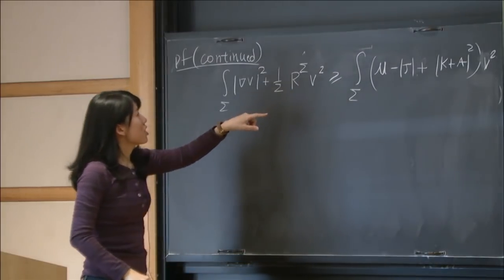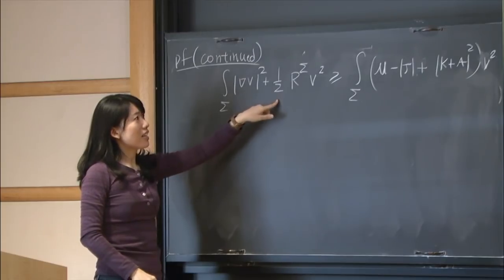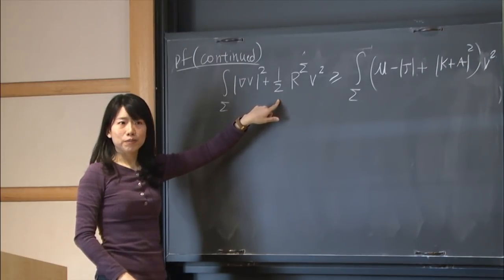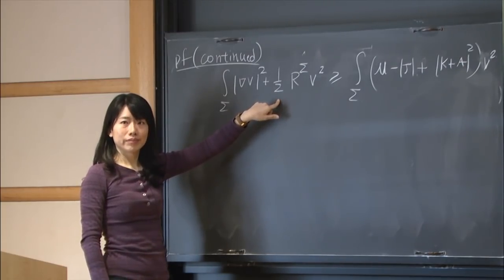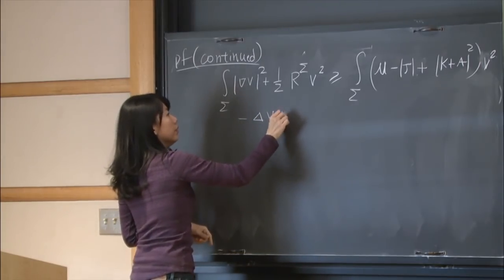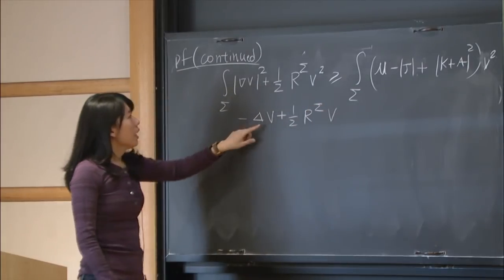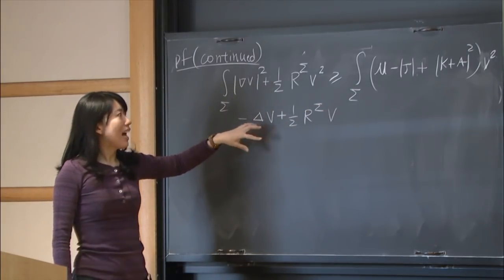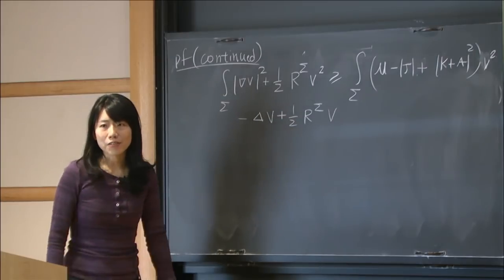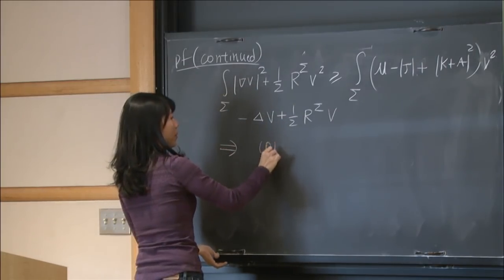So this computation holds for any v. That tells you this operator has non-negative first eigenvalue. So this operator is more positive than the conformal Laplace operator. So this will imply the conformal Laplacian has non-negative first eigenvalue.